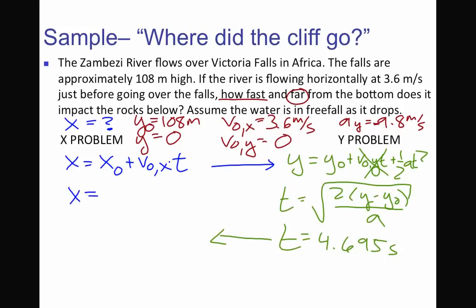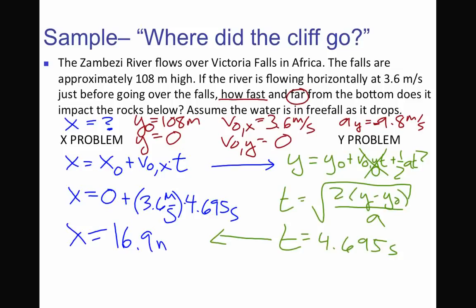So that's going to be 0, where it started, plus 3.6 meters per second times the time, 4.695 seconds, and you get that it lands 16.9 meters from the base of the cliff. Awesome.